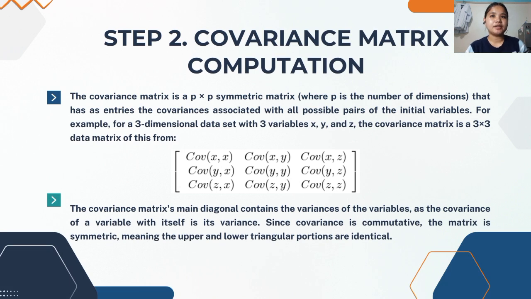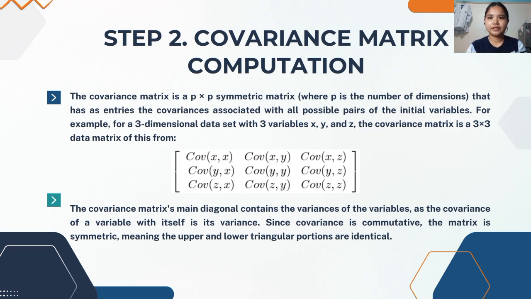Then the second step is the covariance matrix computation. This was already discussed by Ma'am Alay on how we get the covariance matrix computation. But for review, the covariance matrix is a P by P symmetric matrix, where P is the number of dimensions, that has as entries the covariances associated with all possible pairs of the initial variables. For example, for a three-dimensional dataset with three variables, let's say x, y, and z, the covariance matrix is a 3 by 3 matrix of this form.